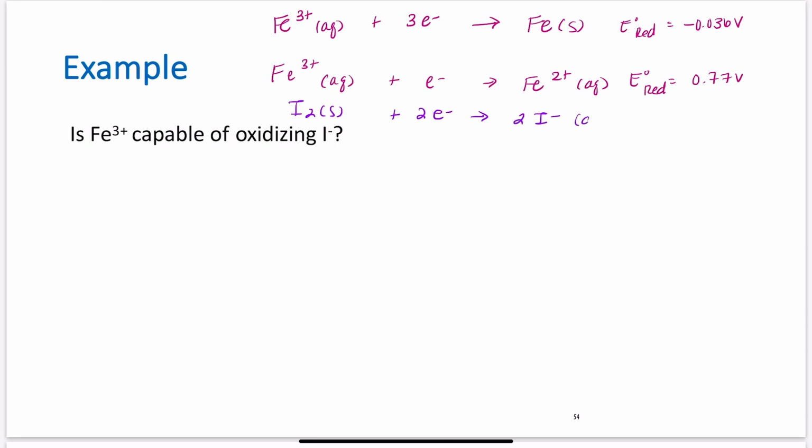That's what I was trying to write. And this is the value I do not remember. So one second while I look this up. Trying to find my cell potential table. There it is. And iodine being reduced is a positive 0.54 volts.